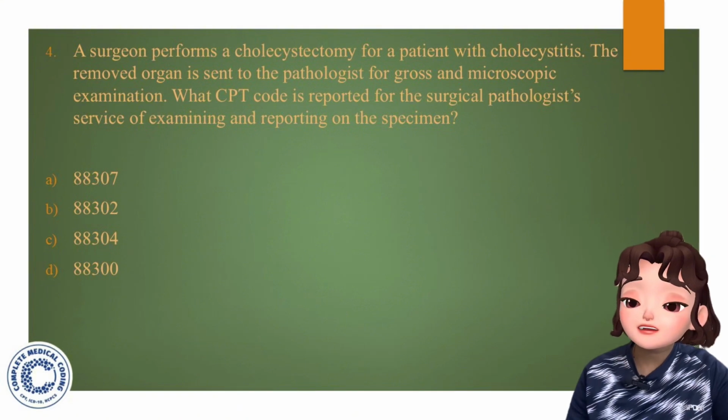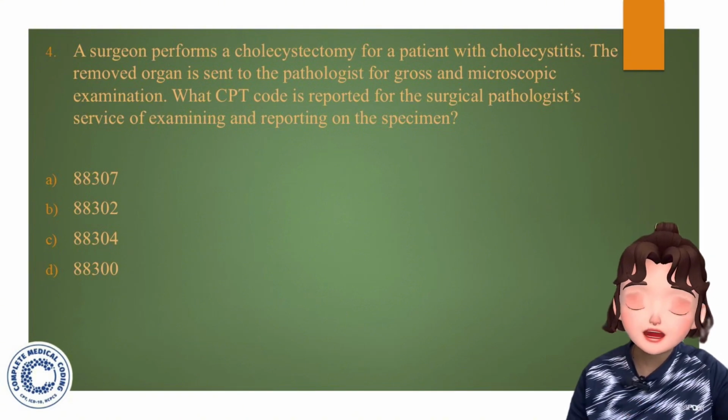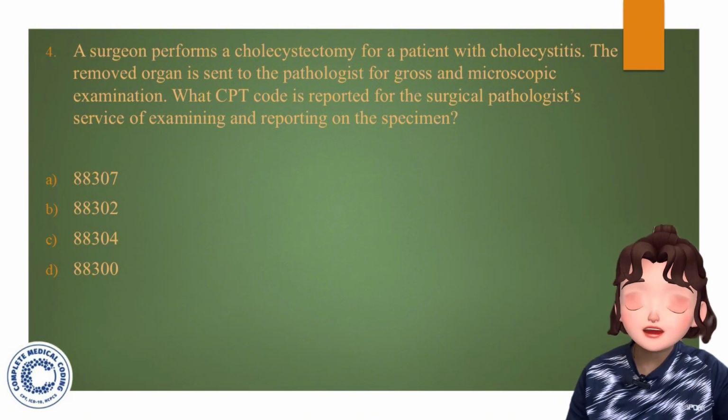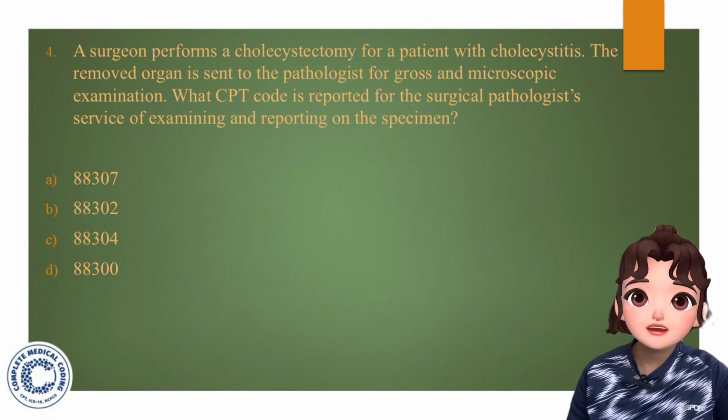See, initially you will find it difficult for coding surgical pathology, but it is easy. Let me explain how to check. What are the codes given in the options? 88307, 88302, 88304 and 88300. So let's begin with 88300.